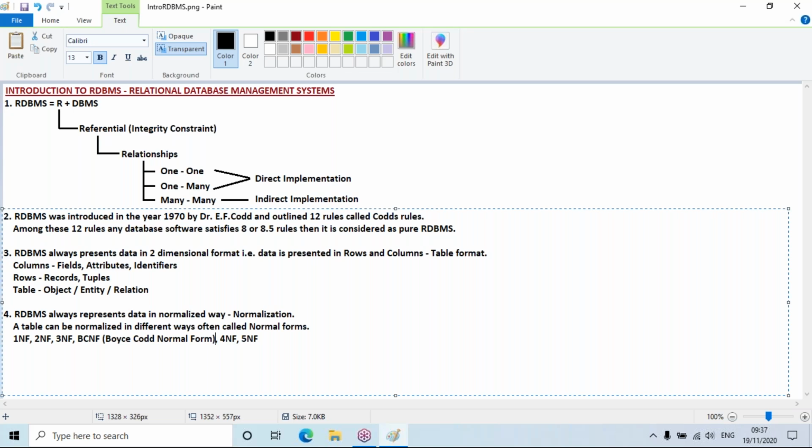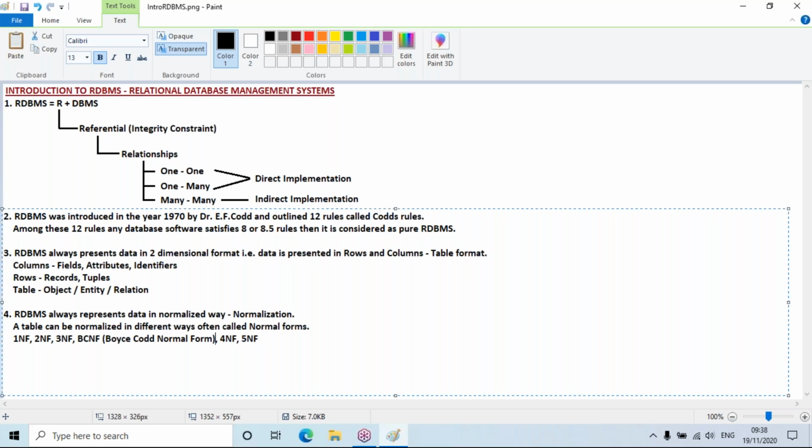And each normal form has some set of rules. First normal form has 2 rules. Second normal form has 2 rules. BCNF has 3 rules. Fourth normal form has some rules, and fifth normal form has some set of rules. On the basis of those rules only, we are going to make our normalization work for our database. If you go to normalization, you could very clearly see that it is all about design.